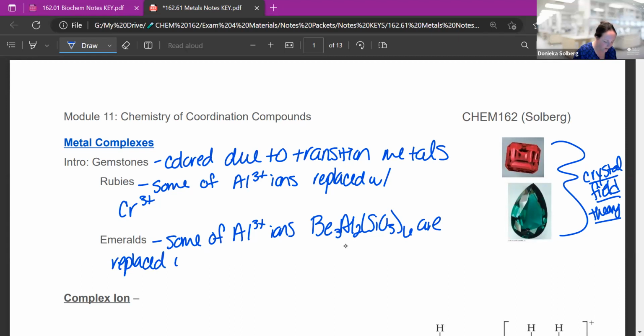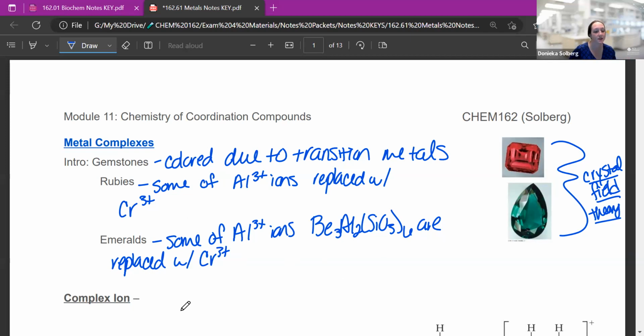Now you might be thinking, if they're both replaced with chromium 3+ ions, why is one red and one green? The reason is crystal field theory. Their electrons actually do different things depending on all of the things they are bonded to. That's just one of many examples of colored compounds based on metal complexes.